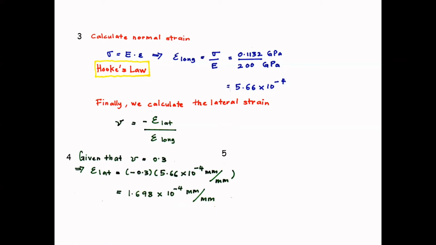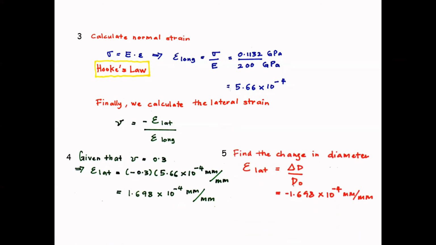Finally, we can find the change in the diameter. The lateral strain equals the change in diameter divided by the original diameter, as we can see in the figure here. The value of lateral strain equals negative 1.698 times 10 to the power of negative 4, as we calculated previously.